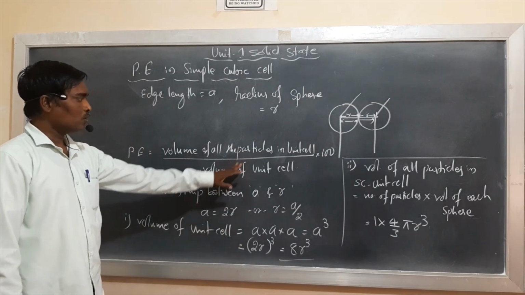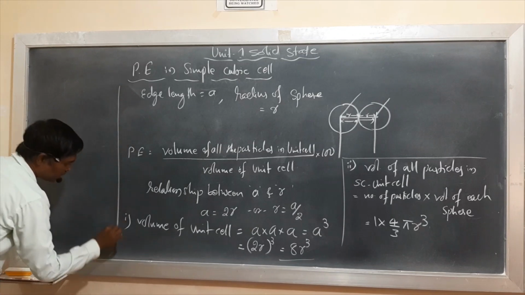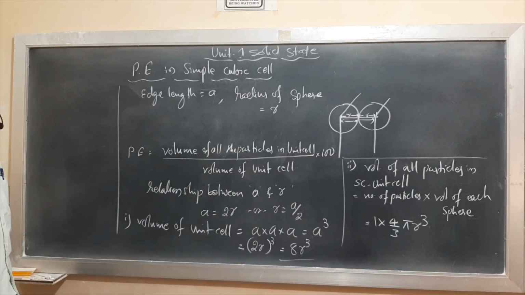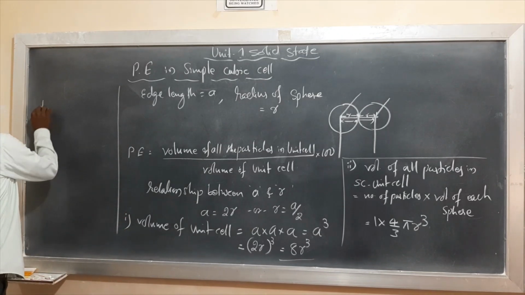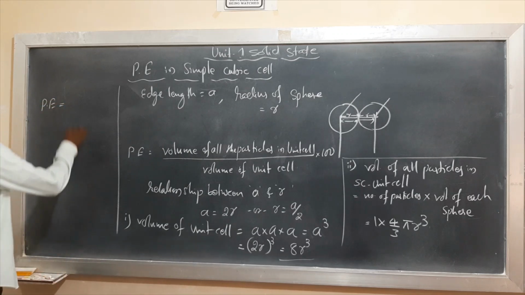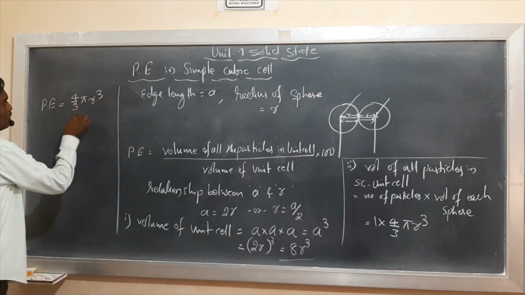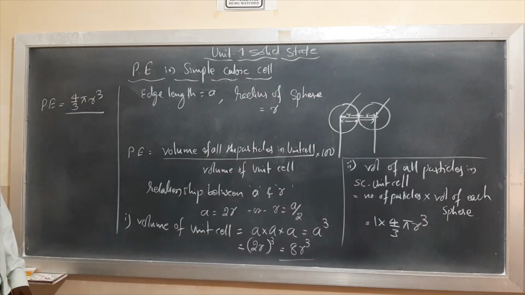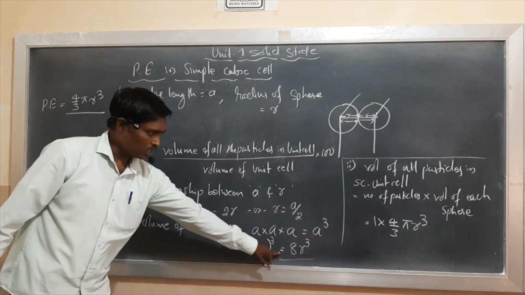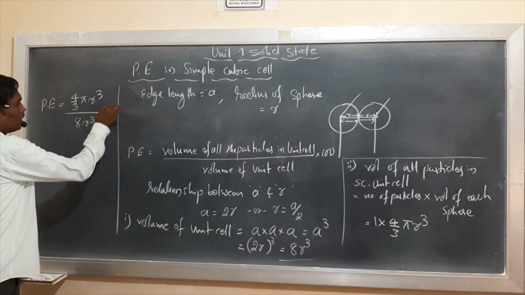Substitute these two values in the formula and you will get the percentage of the total space occupied by the particles. So therefore, packing efficiency is equal to, in numerator it is 4 by 3 pi r cube divided by volume of unit cell is 8r cube, 8r cube into 100.